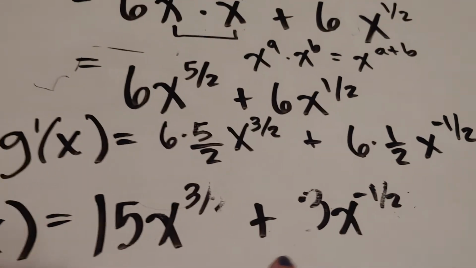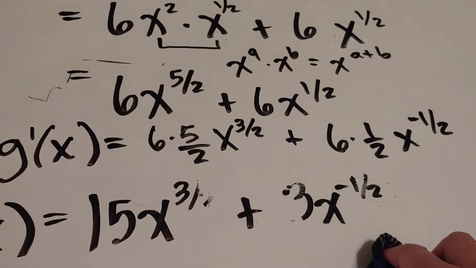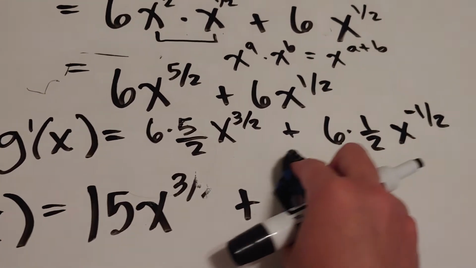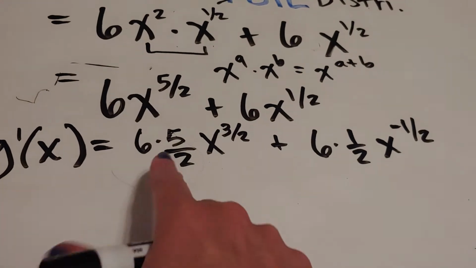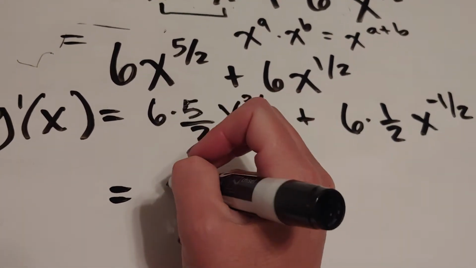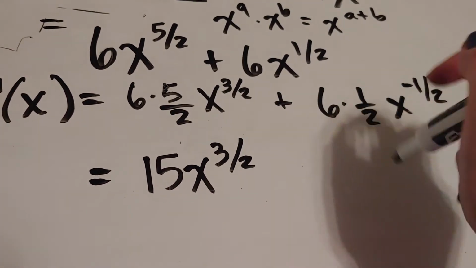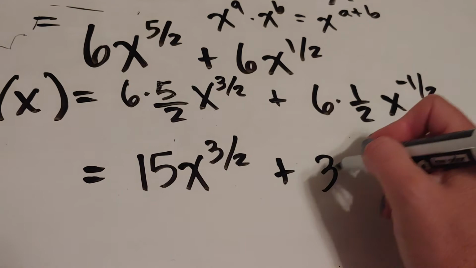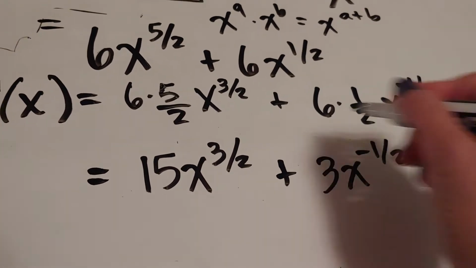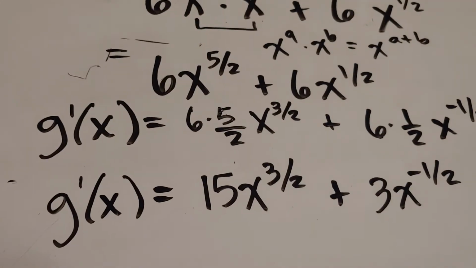And you're going to notice I already have the answer down below because in my last video, that was our answer down below. And we're going to see that we're going to get the exact same answer. Okay, so 6 times 5/2 is 15, x to the 3/2. 6 times 1/2 is 3, x to the negative 1/2. And that is the exact same answer that I just erased that was from my previous video.